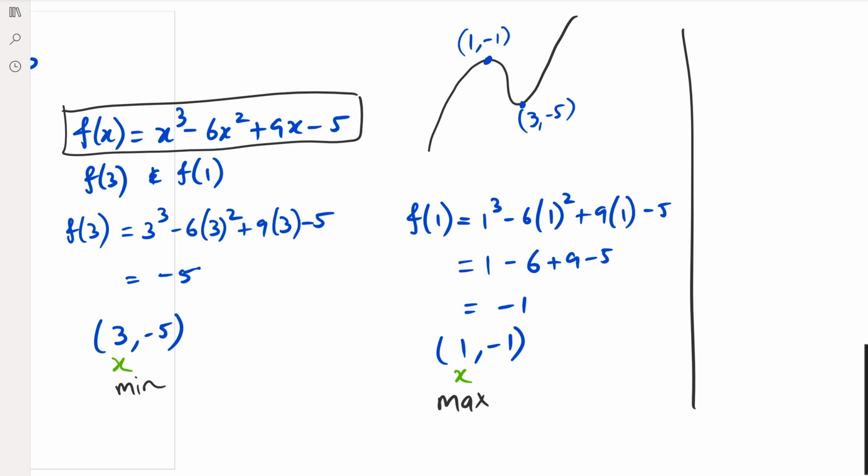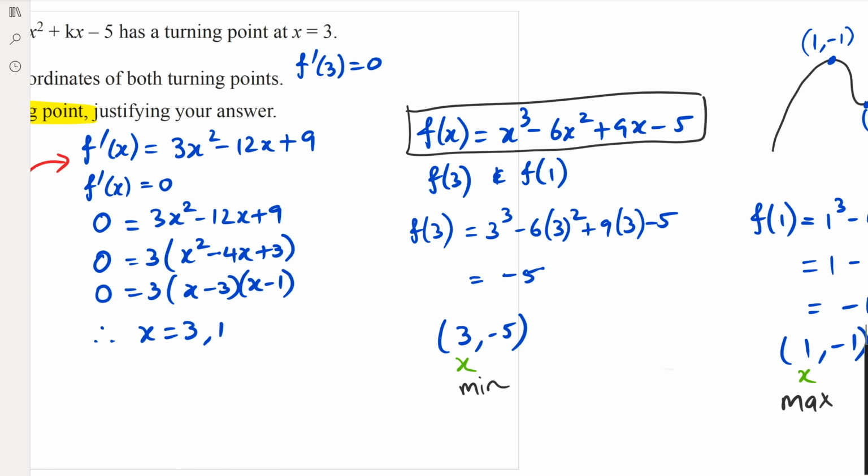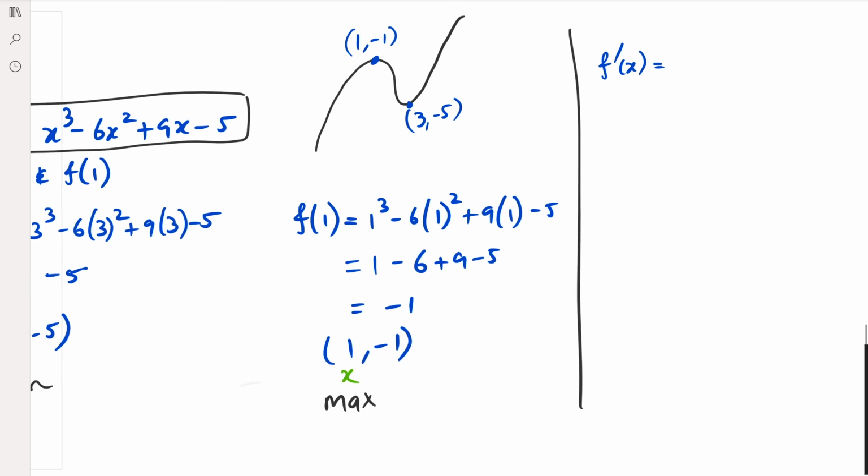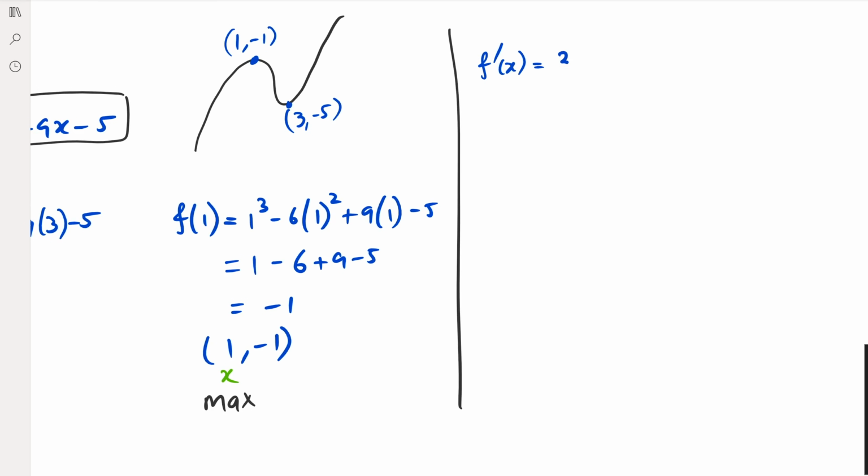But if you want to get a little bit more complicated, for those of you who have done double differentiation, and if you're doing calculus next year, it's extremely useful, differentiate your f of x one more time. So we've got 3x squared minus 12x plus 9, and if I double differentiate, I get 6x minus 12.